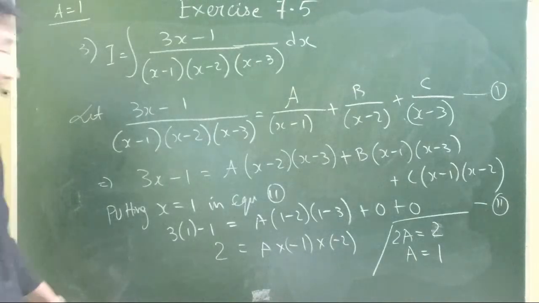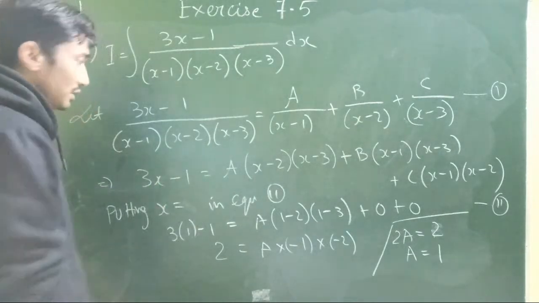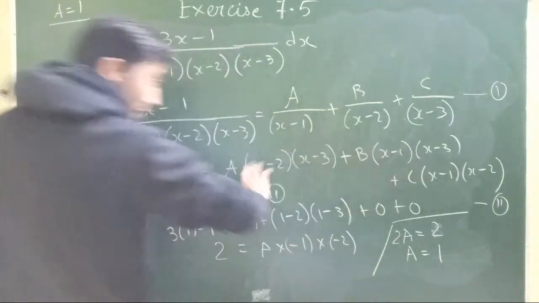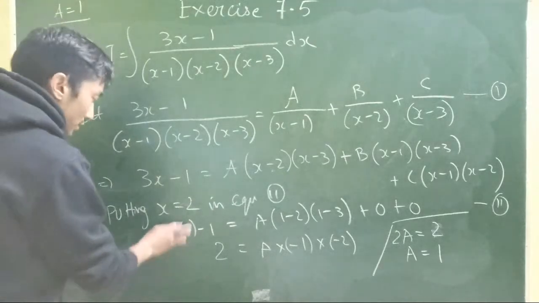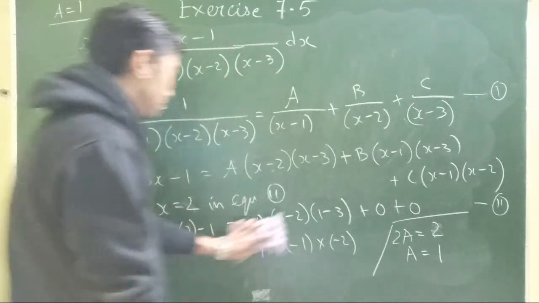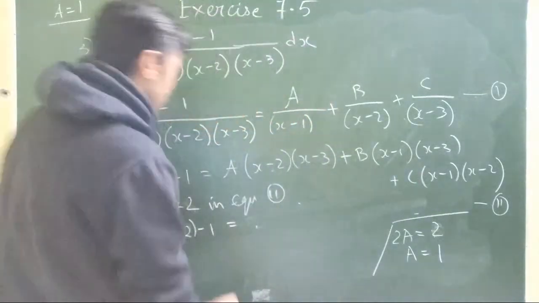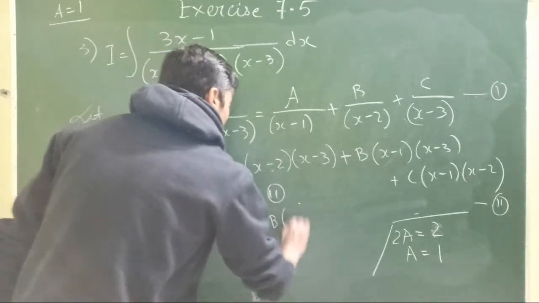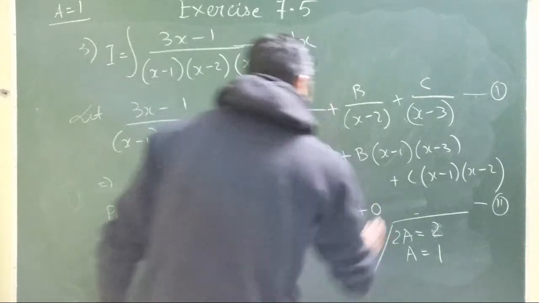Now I'll just do it here again. This time I want to make A and C disappear. So x minus 2 is common. So this time I'll use x equal to 2. So A gone. B into 2 minus 1, 2 minus 3, plus gone.